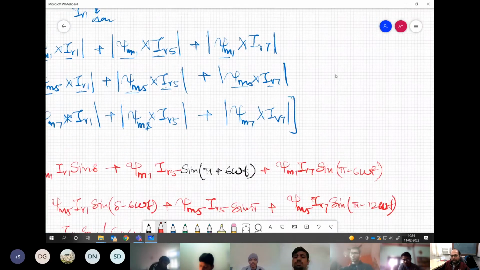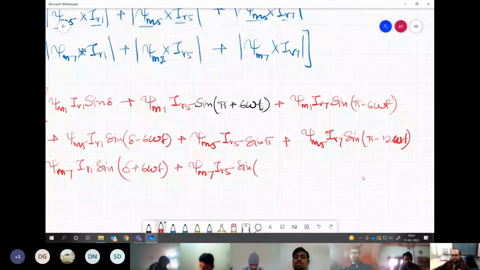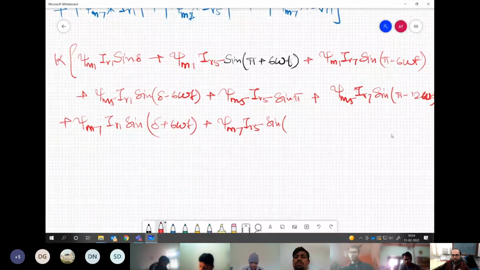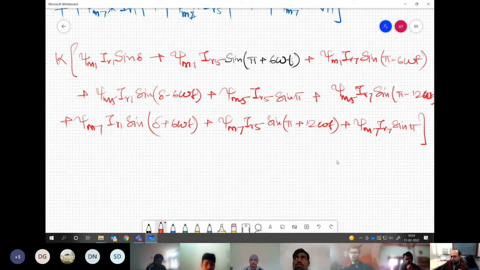Yeah, actually pi plus 12 omega t, because both are moving towards each other and you have to see the counterclockwise direction of angle. Then we have psi m7 IR7. Both are moving at same speed, so angle remains same, sine pi. Fine.